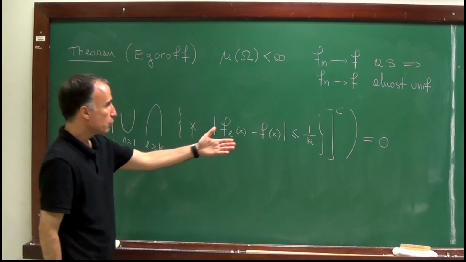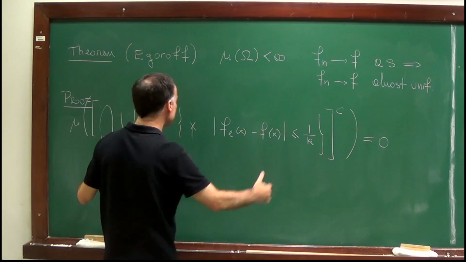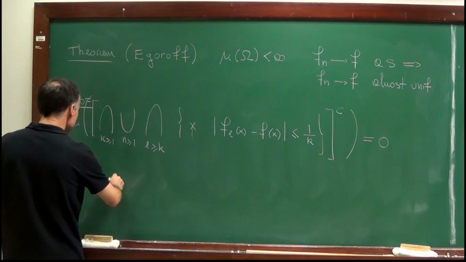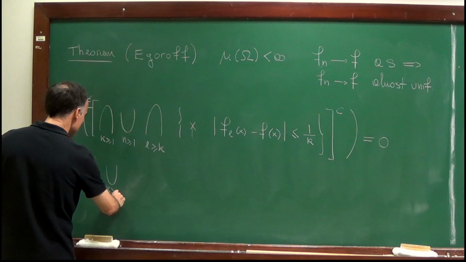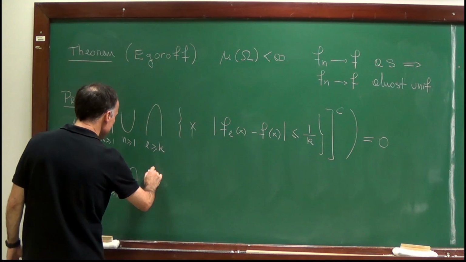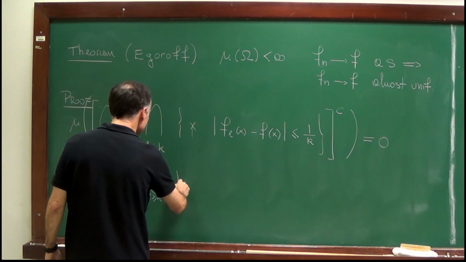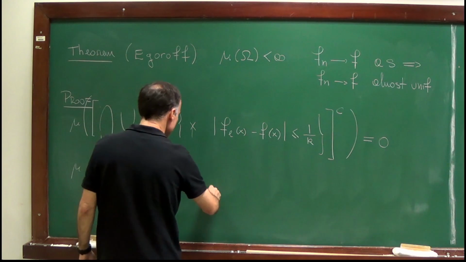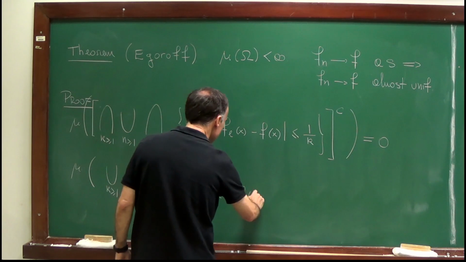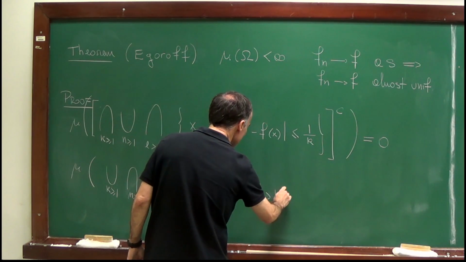So now, let's calculate the complement of this set. The complement of this set is the union of the intersection of the union of the complement of this set, which is all points x such that Flx minus Fx is greater than 1 over k.